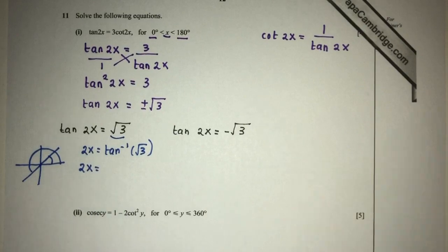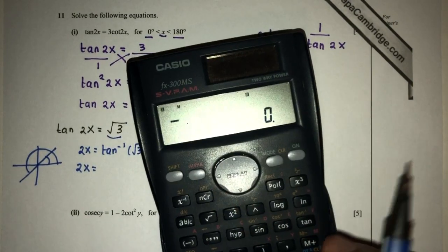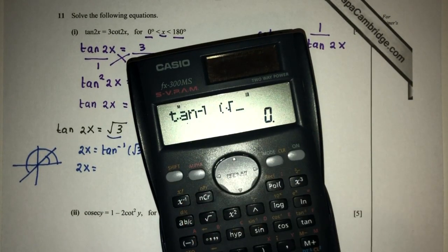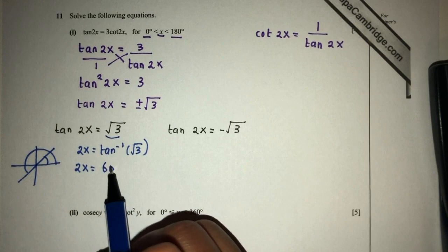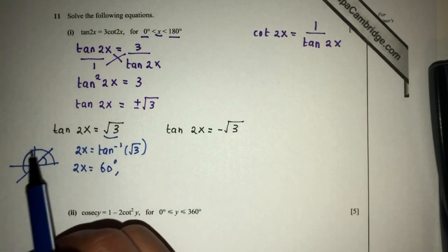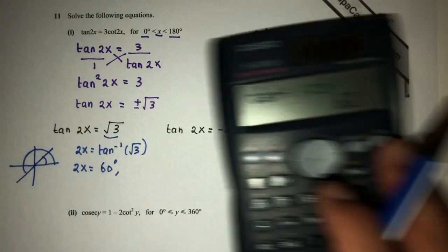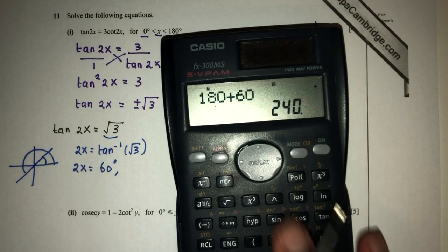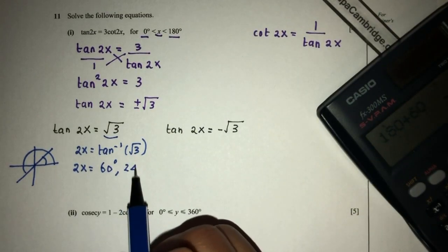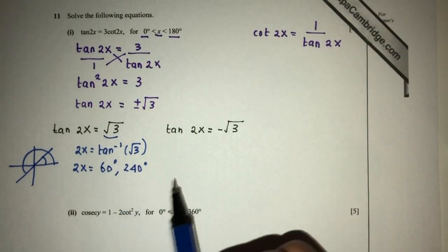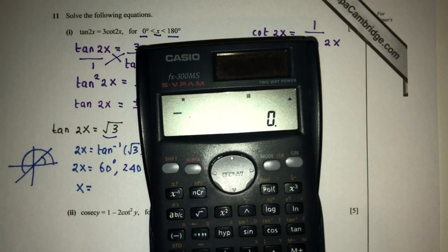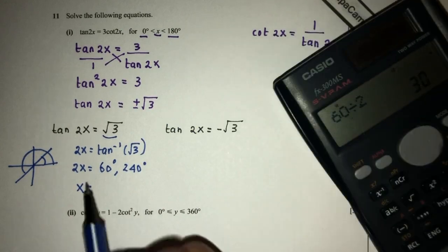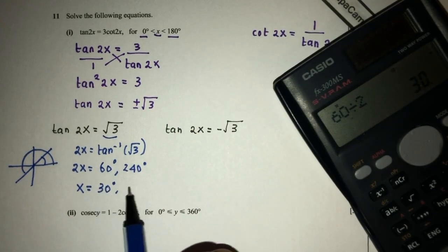Tan inverse of root 3 will be, so we have to use degrees here, 60 degrees. If it is 60, it can also be the other value, that will be 180 plus 60, that will be 240. Okay? And now x will be 60 divided by 2, that will be 30, and this will be 120.